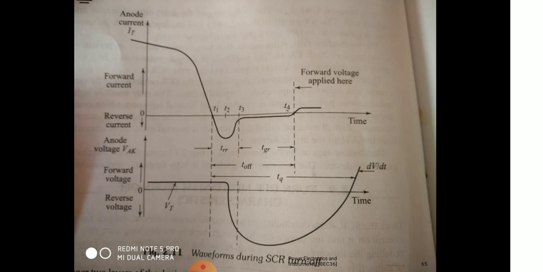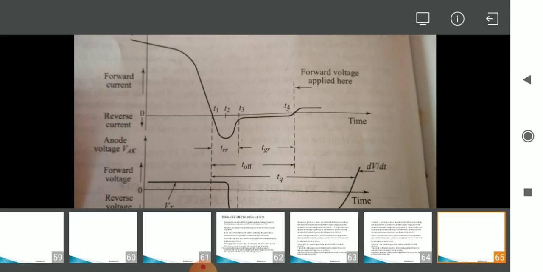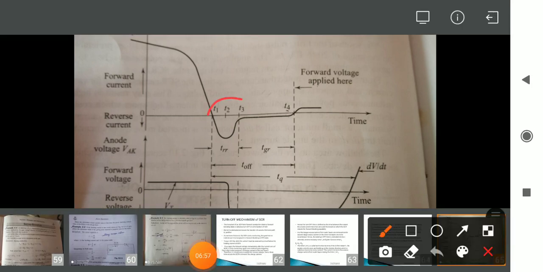The excess charge carriers from the outer layers are removed, and in the second stage, that is from T1 to T3, that we are calling it as the first stage, and T3 to T4 here. So this is the first stage and this part is the second stage.